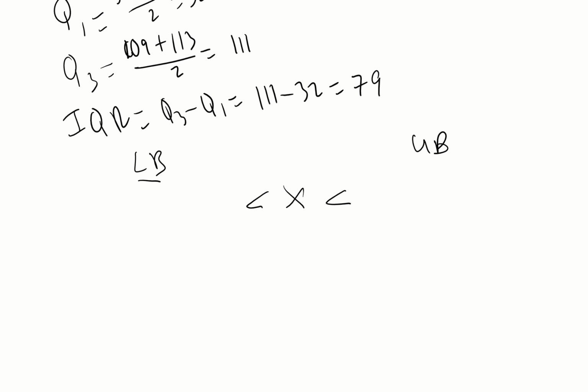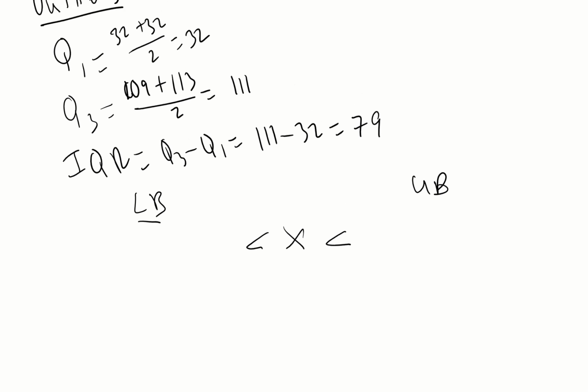So to get the lower bound, we take the first quartile and subtract 1.5 times the IQR, okay? So the lower bound is first quartile minus 1.5 IQR. The upper bound is third quartile plus 1.5 IQR.